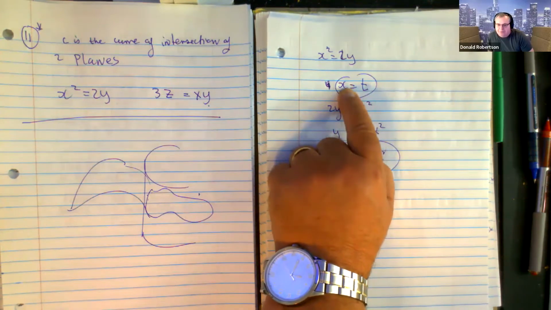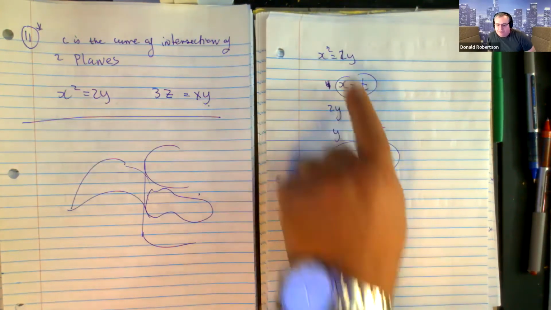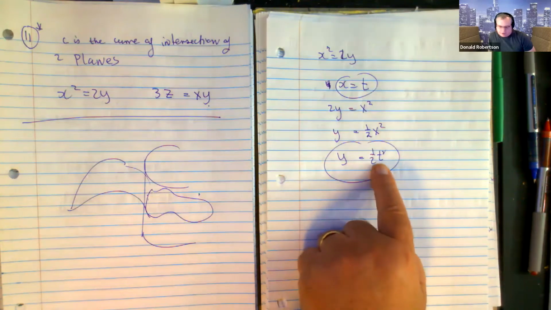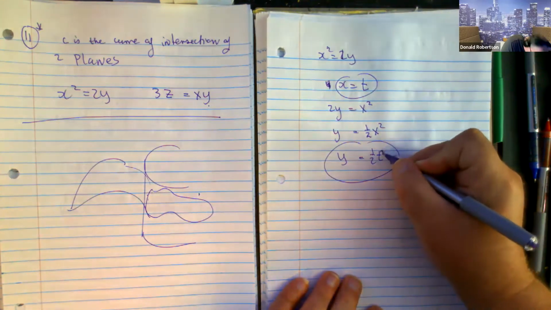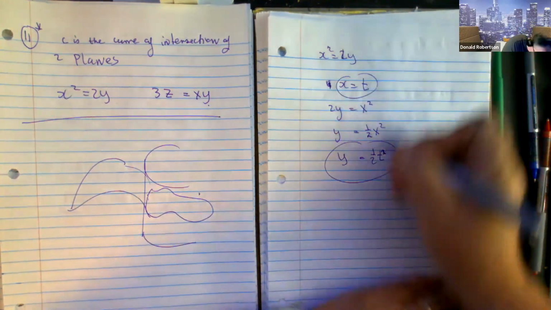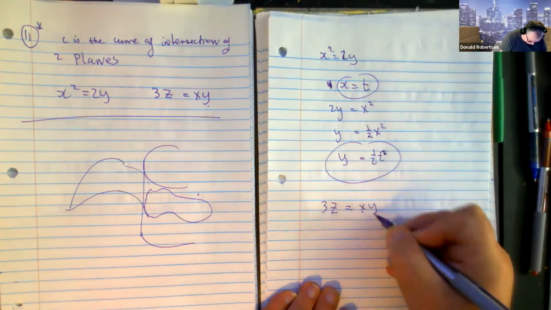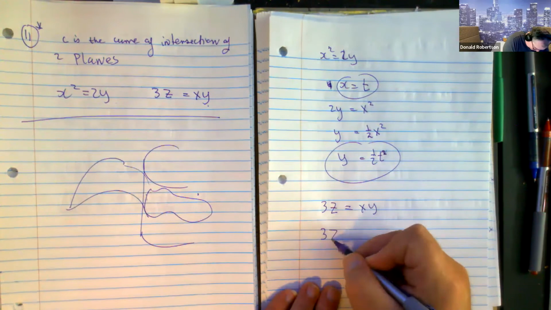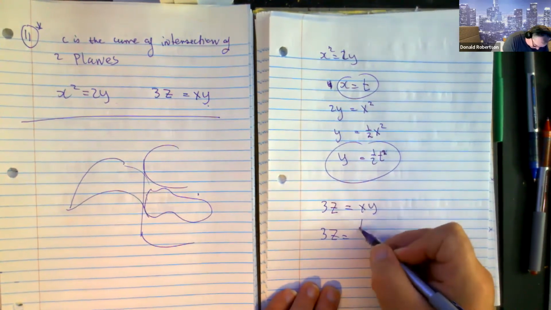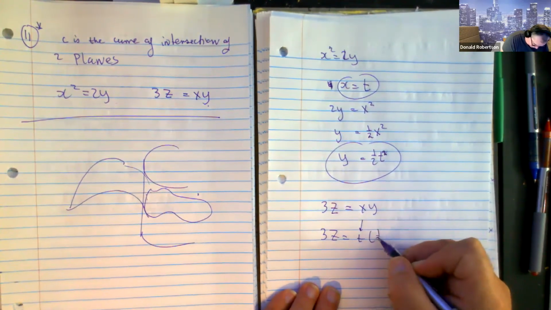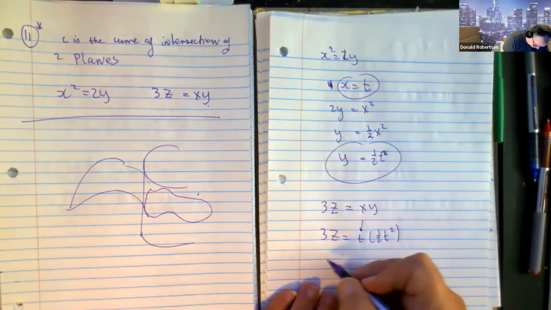And once you've picked him, then this relationship allows me to get y in terms of x, which now means that y is 1/2 t squared. And now I should be able to get z. If 3z is equal to xy, then 3z is t times y, which is 1/2 t squared.